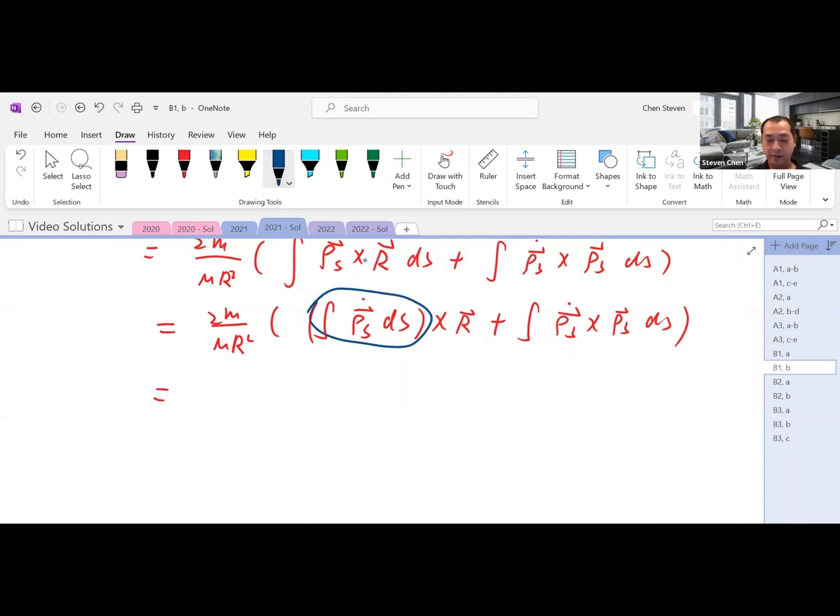Rho s dot ds is equal to the displacement from the ant's initial position to its final position. And recall that this part says the ant makes the detour. So finally, it goes back to its original position. So this is simply equal to 0. Therefore, we just need to take the second integral.